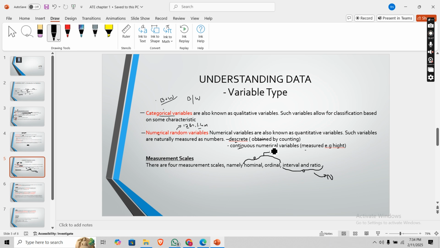We do not measure the number of children in the household, but we do what? We count them. Contrary, continuous numerical variables are measured instead of counting. For example, the height of students. We measure the height of students and we do not count the height of students. So that's the difference between continuous and discrete numerical variables.